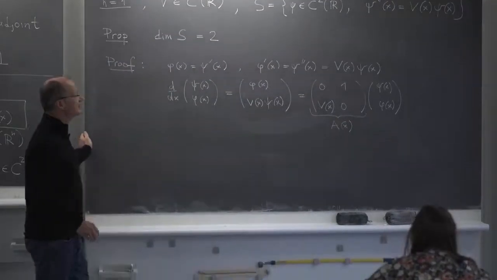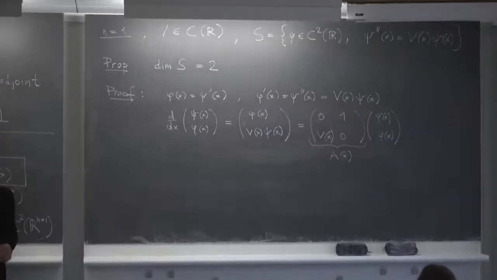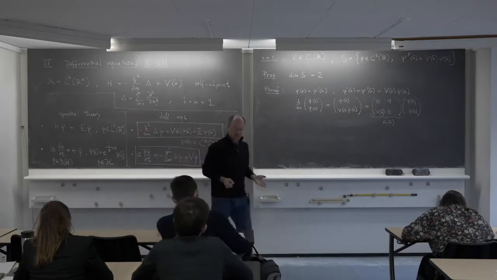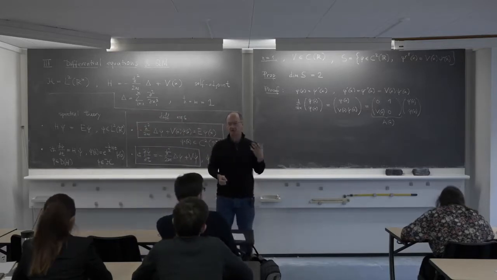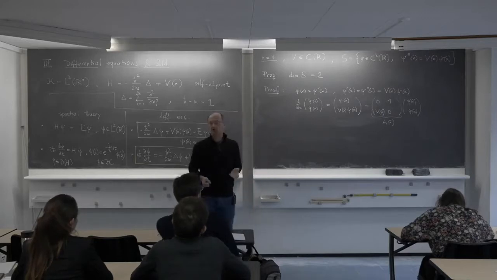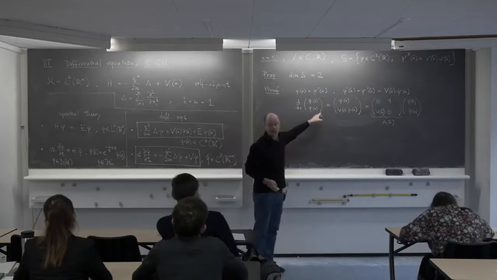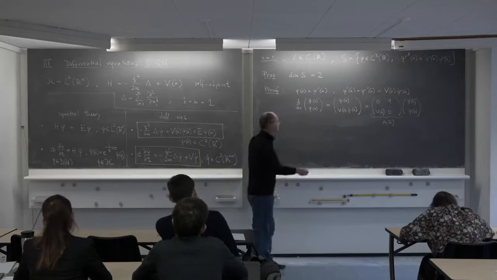But now let me recall, there was in one of the problem sets a question about the evolution operator with a time-dependent Hamiltonian in our linear algebra part of the course. So we actually know how to solve this equation, right?